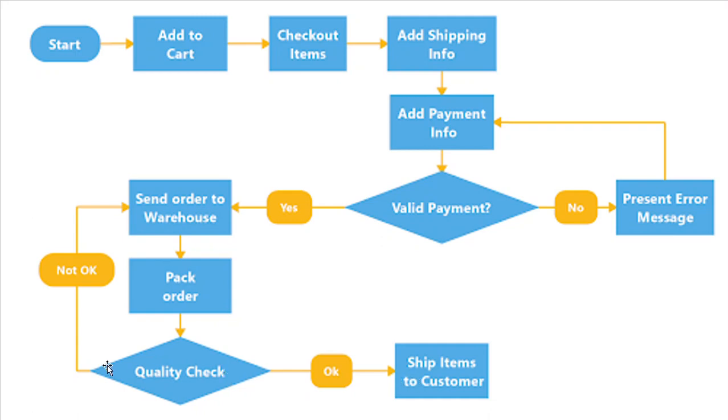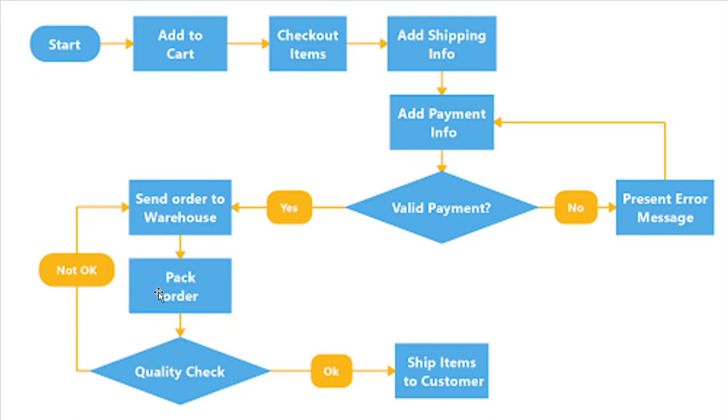And if the decision for the quality check is not okay, go to this branch, and then repeat the process. Send order to the warehouse, then pack order. It means that the new order should be placed and sent to the warehouse, and then pack order.